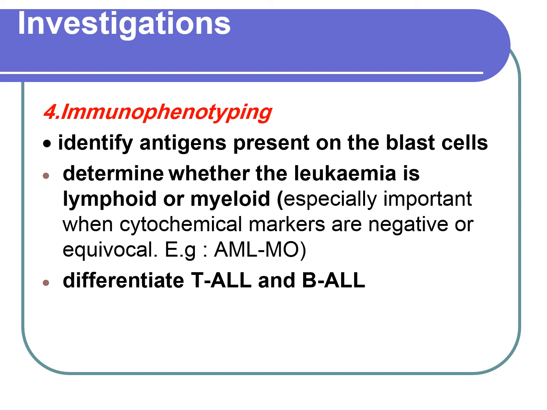It is the same for acute myeloid leukemia. We can identify if it is acute myeloid or not, and subtype the different types of myeloblast.